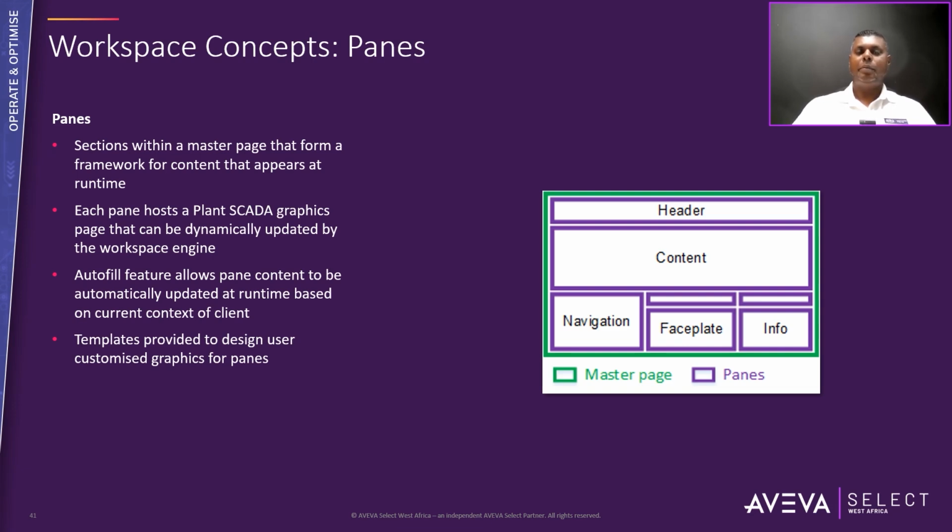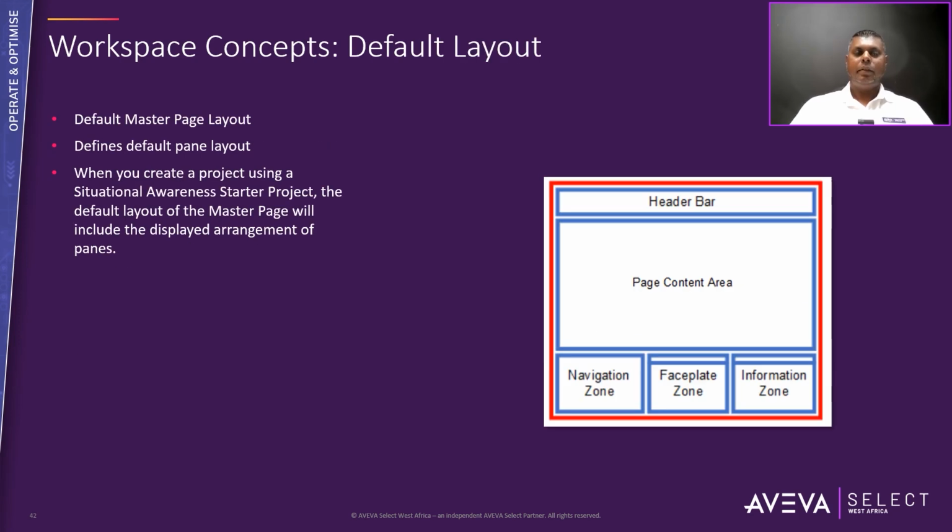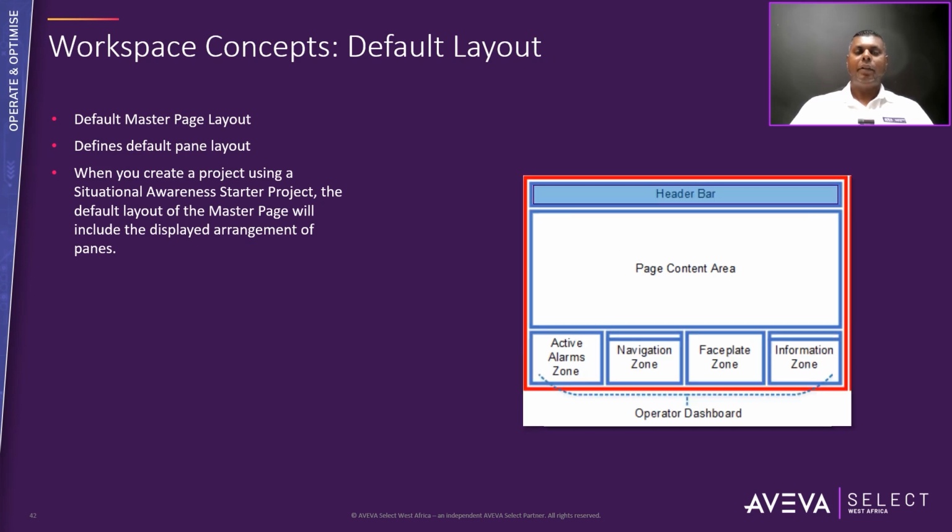Workspace concepts, default layout. When you create a project using the situation awareness starter project, the default workspace will include the following arrangement of panes. The header bar includes a set of commands that an operator may require regular access to during runtime.